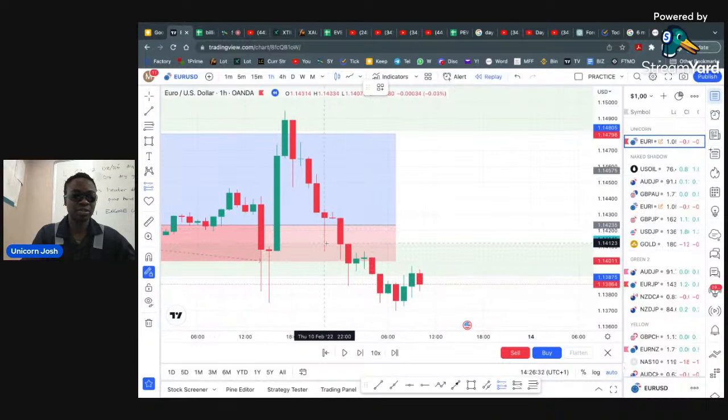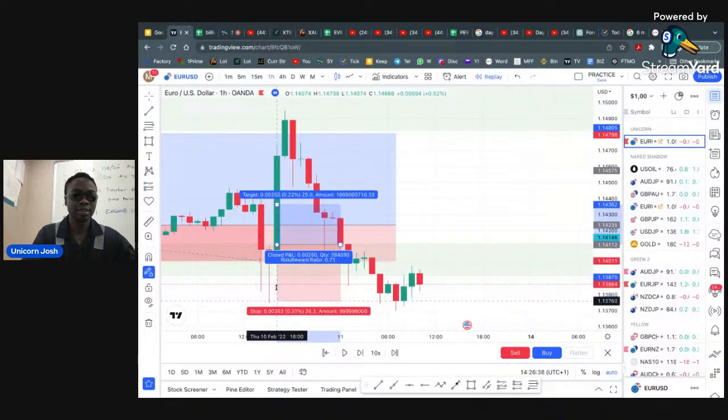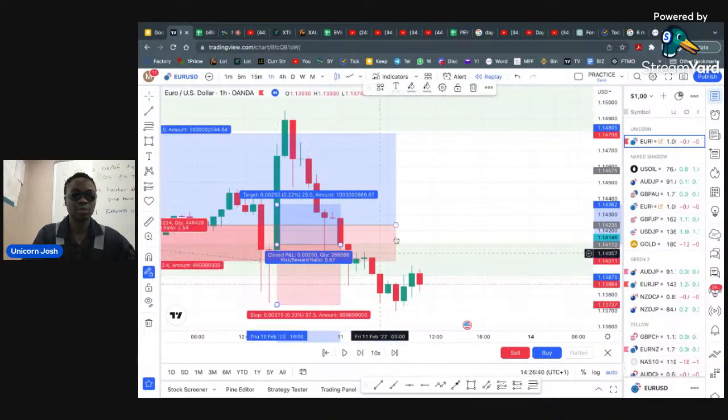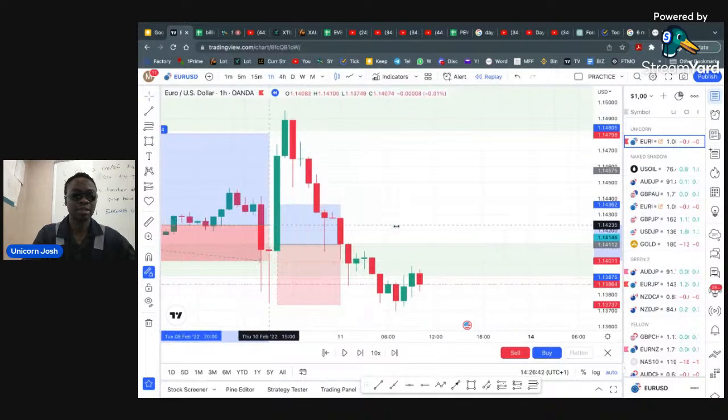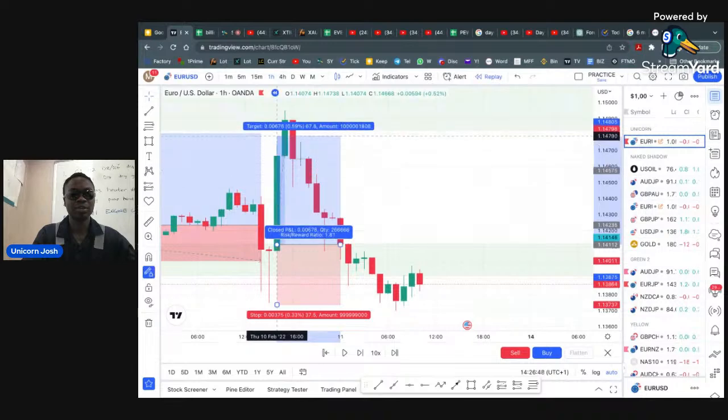So I was going to take this trade. I will take it at this point, and then my stop loss will be here. Good. Then take profit. Of course, it's going to be the next area.